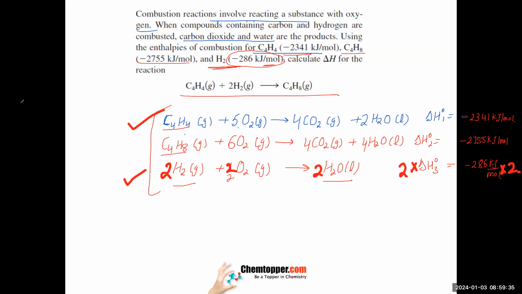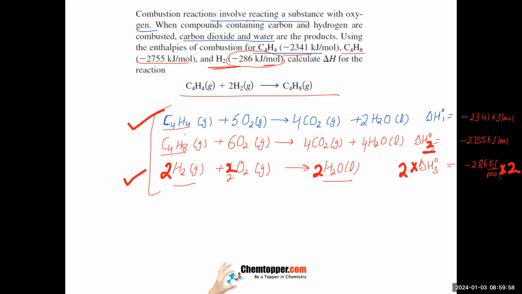What about the next one? Are you going to take this equation as such? No, flip, Aditi. Flip it. C4H8 is here. Flip the equation. So, when you flip, what happens to this delta H2 value?